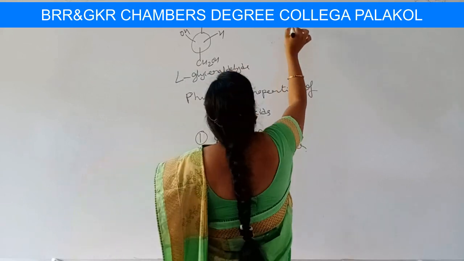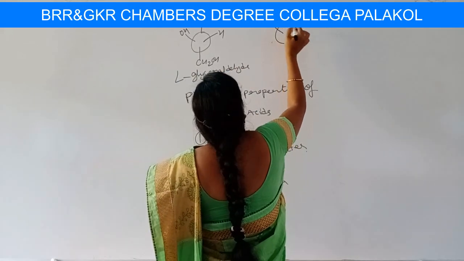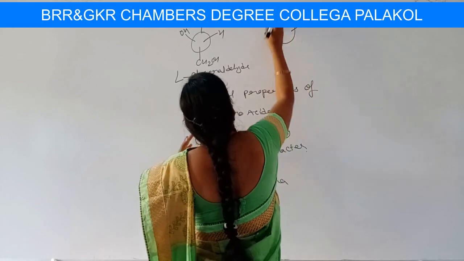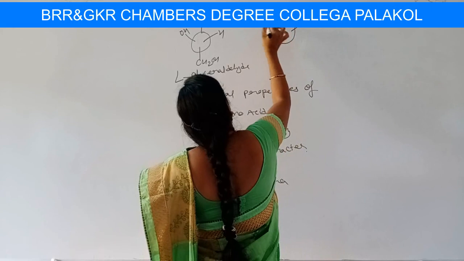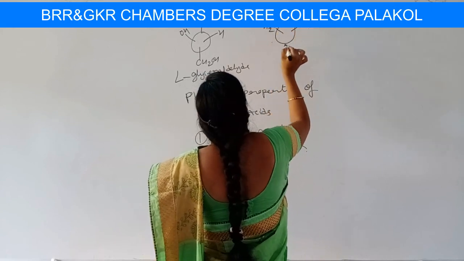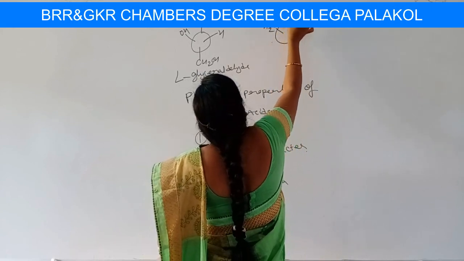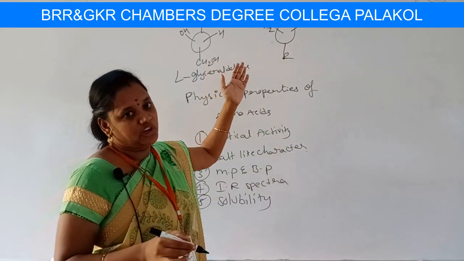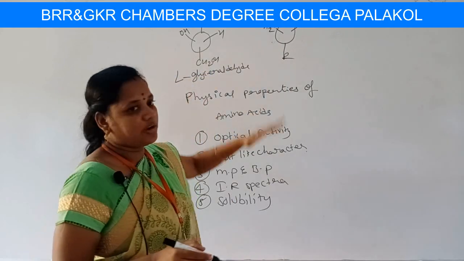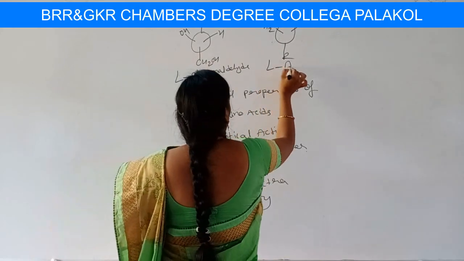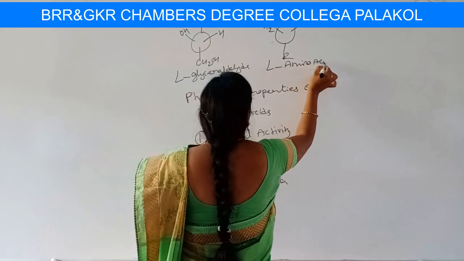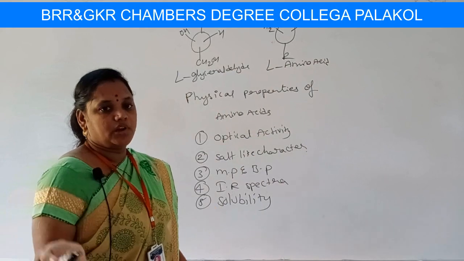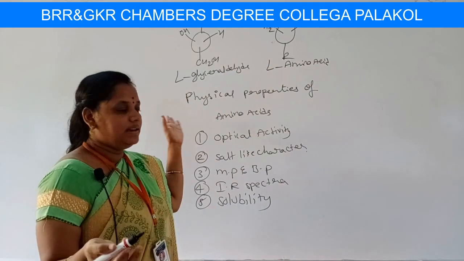For example, if you take OH, NH2, H, COOH and R, this is the general formula of amino acids. This is following the same configuration. This is the L configuration of amino acid. So hence it follows the same configuration as glyceraldehyde.